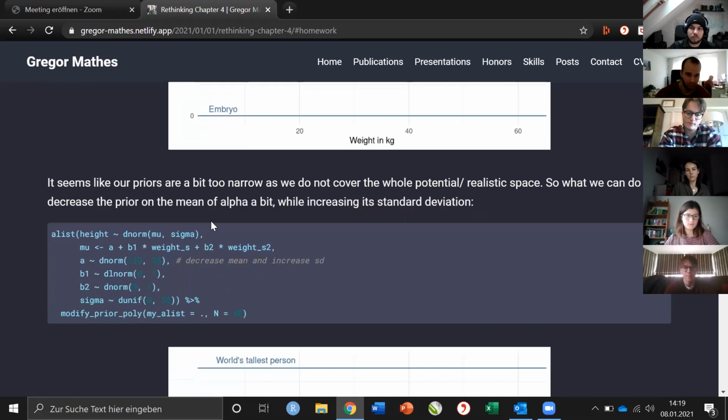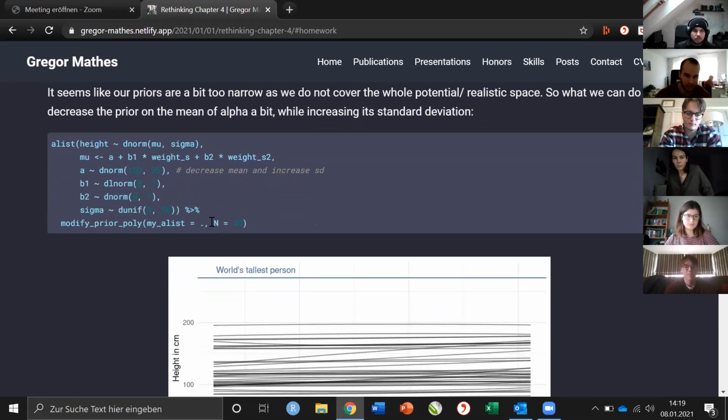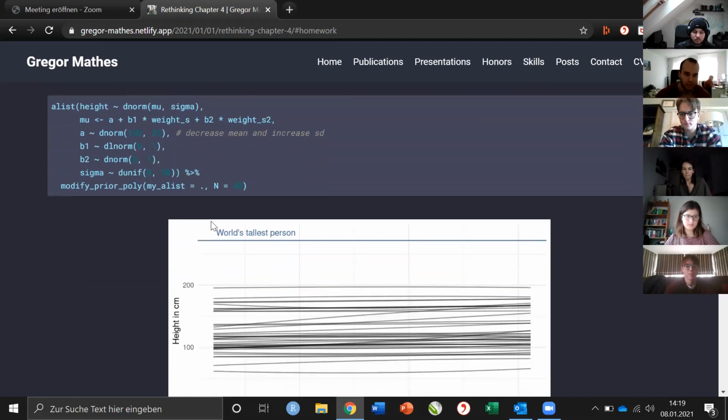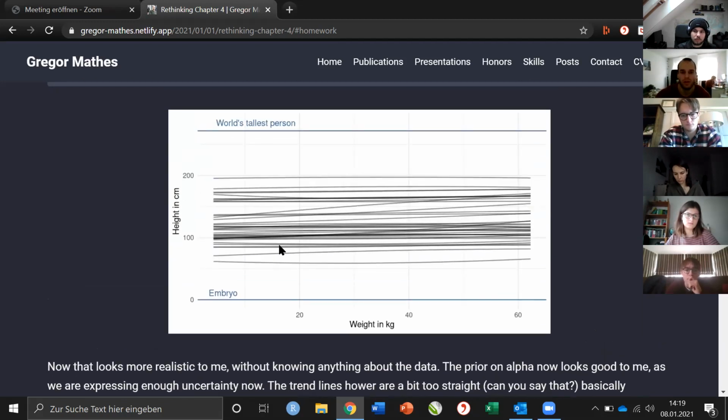So I decided I would decrease the mean a little bit, but increase the standard deviation to express my uncertainty about the data. So I decreased the mean to 130 and increased the standard deviation to 35 for the mean. And this is the result. It looks nicer now. We're expressing our uncertainty about the data in a better way now, because we just don't know where the real height is.